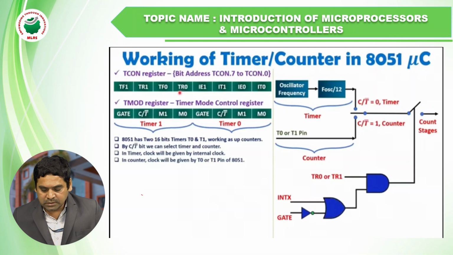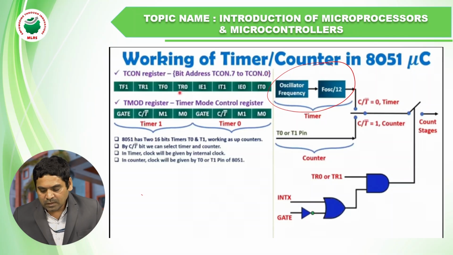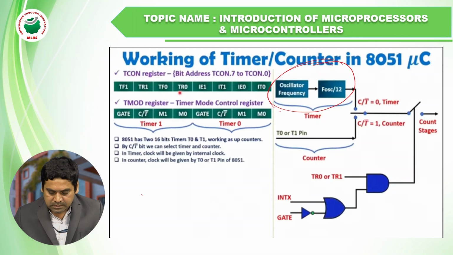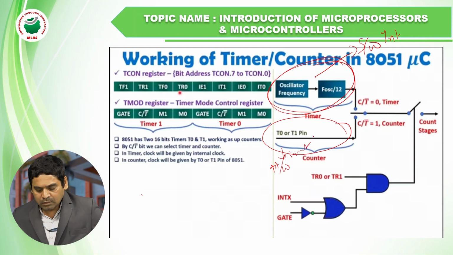Timers and counters in the 8051 microcontroller. Here the oscillator frequency is divided by 12. The upper block is related to the software interrupts, and below, T0 or T1 are the hardware interrupts. Why am I saying software and hardware?